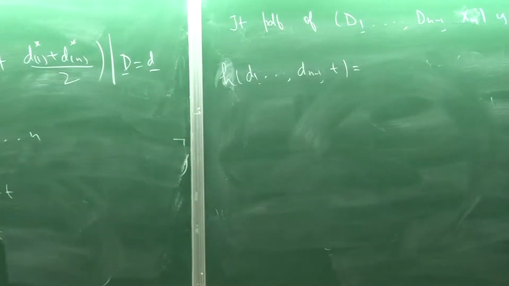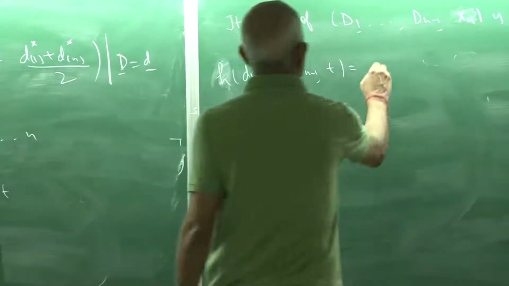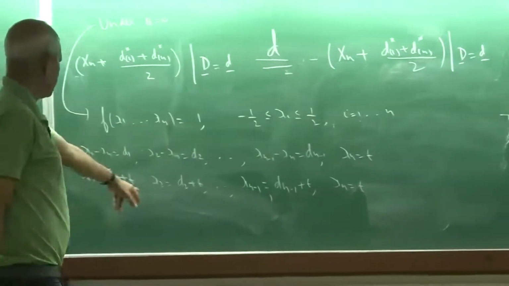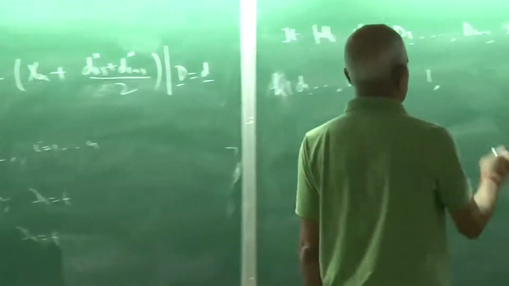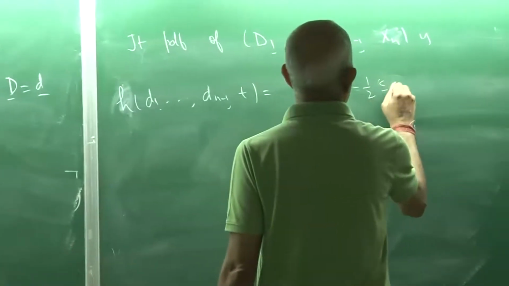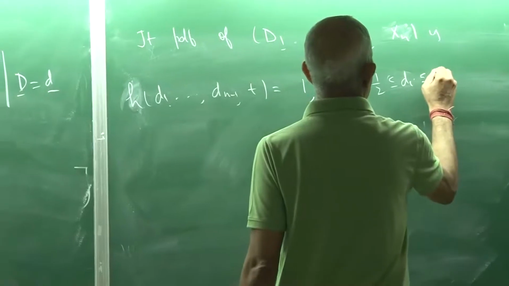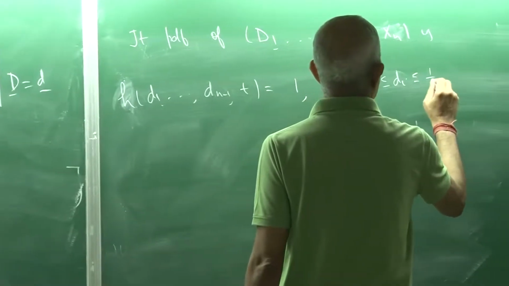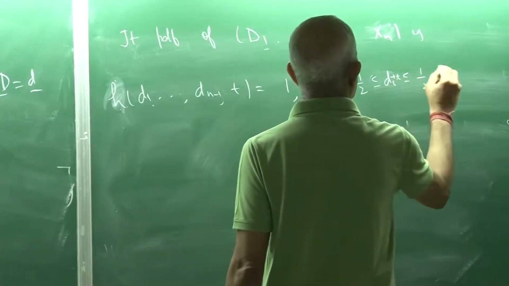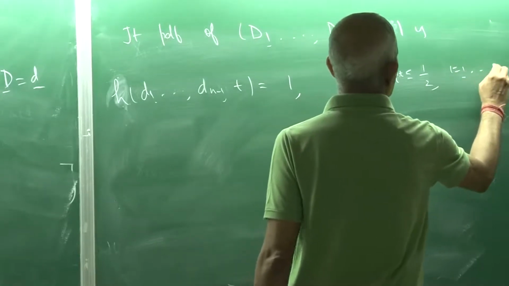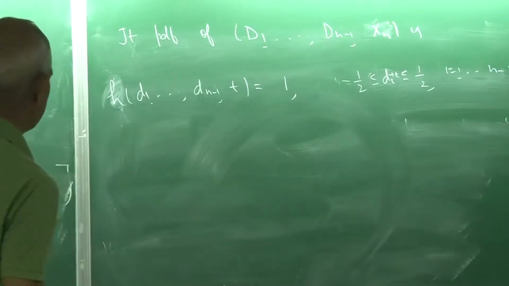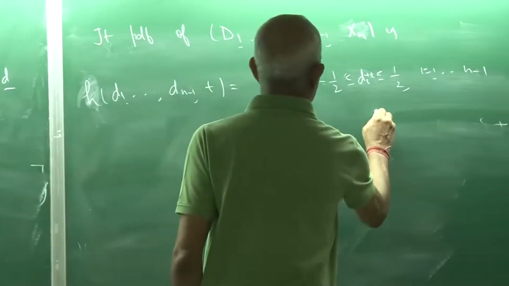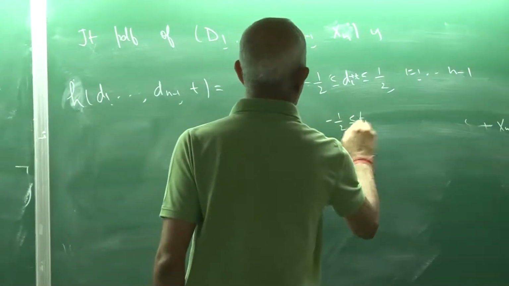The density was constant, so it remains constant. Each xi is between minus half to half. That means di plus t is between minus half to half for i equal to 1 to n minus 1, and t is between minus half to half.